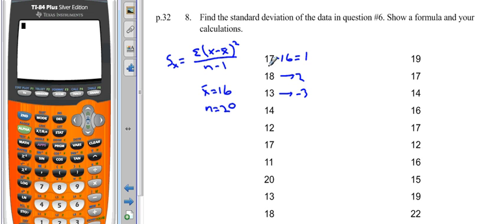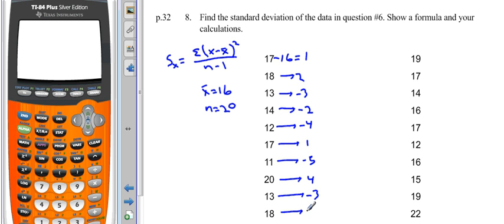Some of these will be positive, some will be negative, which is what we expect when we subtract the average, which is, in theory, right in the middle of our data set. So once I subtract 16 from everything, then we're set for our next step.